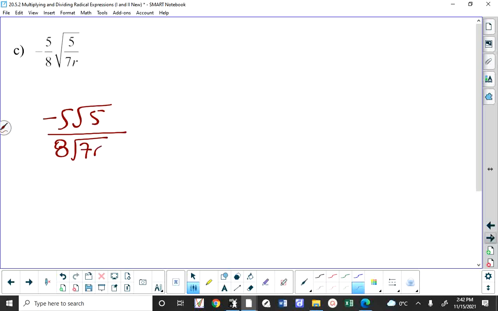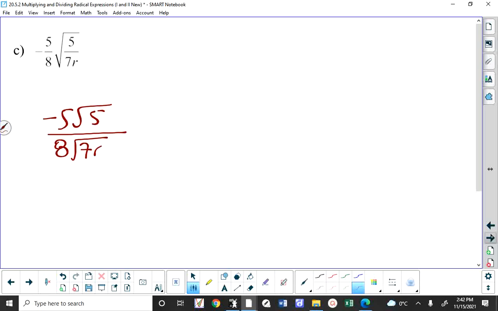Of all of the things I've talked about, dividing coefficients with coefficients, dividing radicals with radicals, simplifying radicals, and getting rid of denominators that have radicals, I hope you see there's only one problem here. There's nothing that simplifies in each of the radicals.